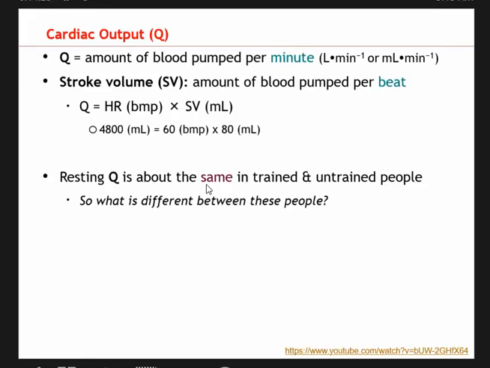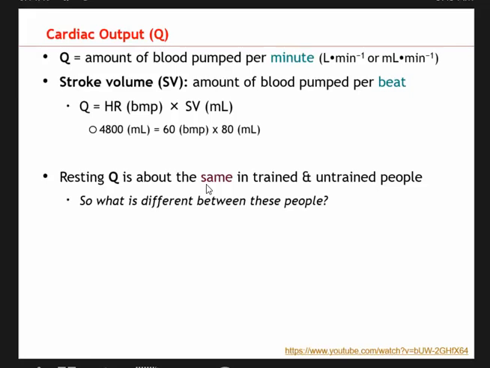A trained person is going to have a lower heart rate and a higher stroke volume. And then an untrained person is going to have a higher heart rate and a lower stroke volume. These values will be resting values. So at rest, the trained person has an increased parasympathetic tone. Parasympathetic tone is just a decreased heart rate at rest.